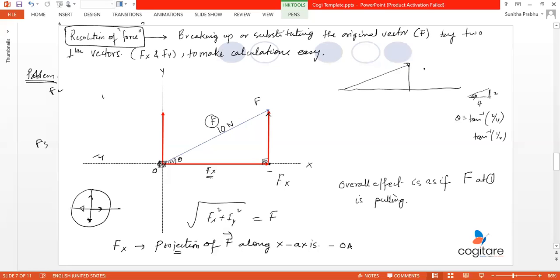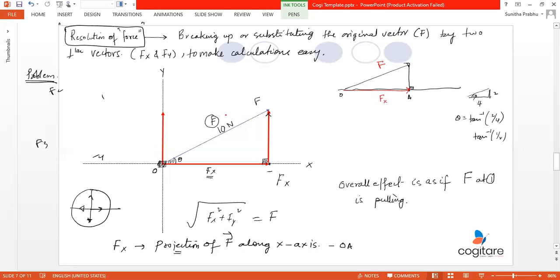So you have decided you want to resolve the force parallel to the x-axis. Drop a perpendicular here, and it is going to intersect the x-axis at a point. Then this length OA is called the projection of F. F is the original force here. The projection of F along the x-axis, we call that Fx. Did you guys understand this?